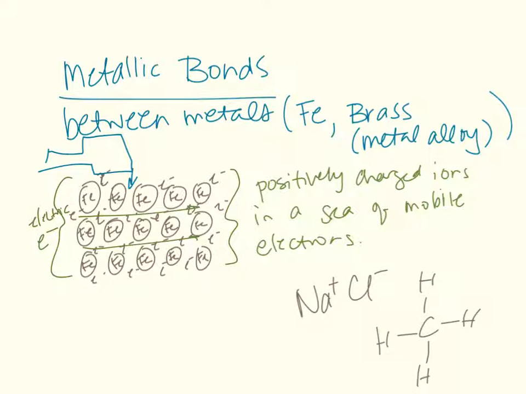And the electrons, instead of moving around like this, wherever they want to go, they start to move with the electric current. And that's why metals are conductive. So it allows them to be malleable and conductive, while other things are not.